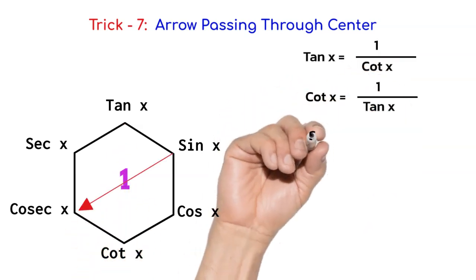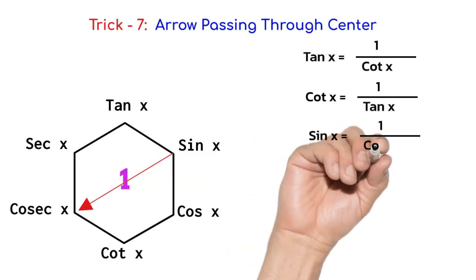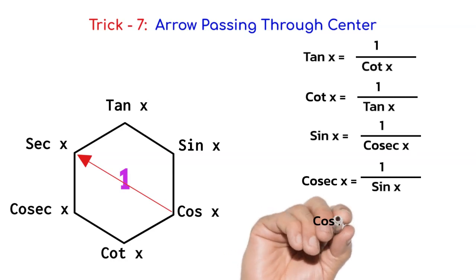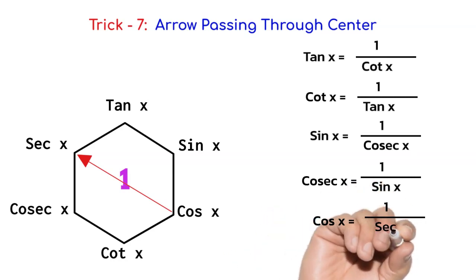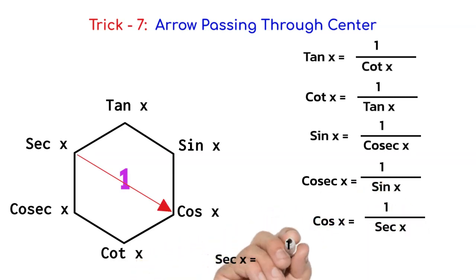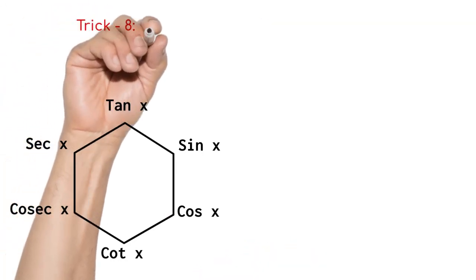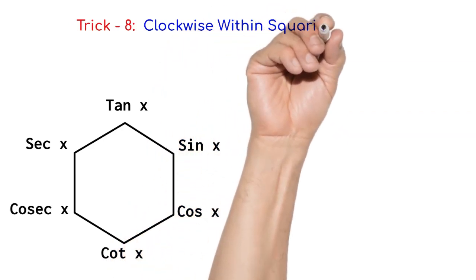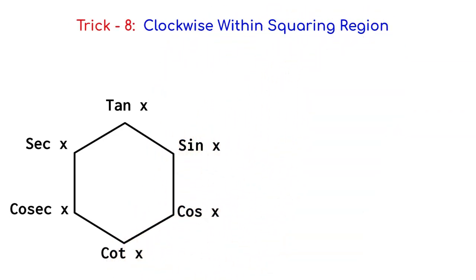Sin x is equal to 1 by cosecant x and cosecant x is equal to 1 by sin x. Cos x is equal to 1 divided by secant x and secant x is equal to 1 divided by cos x.